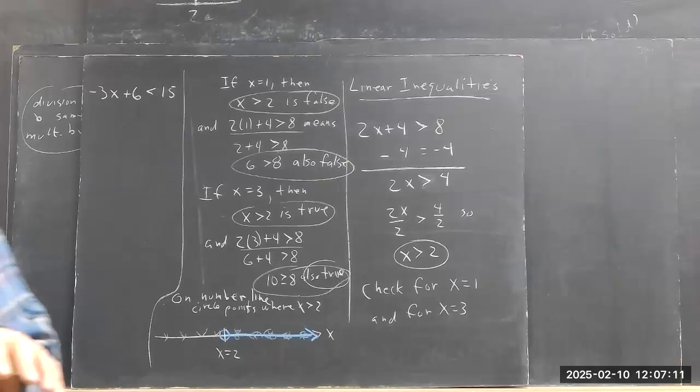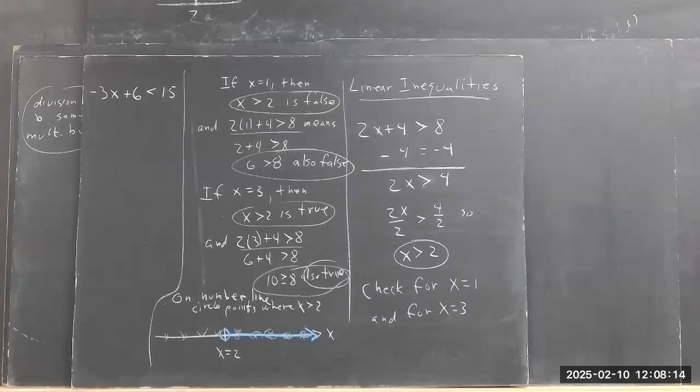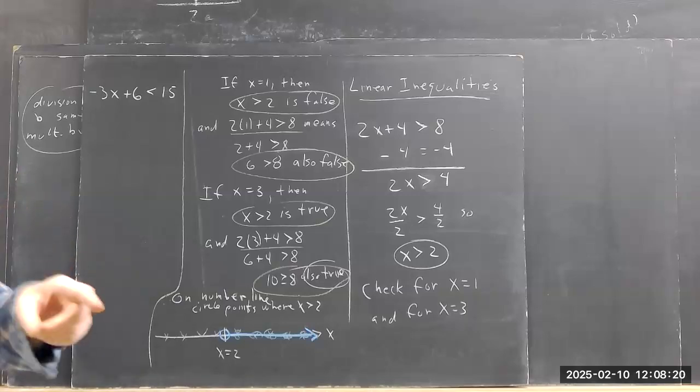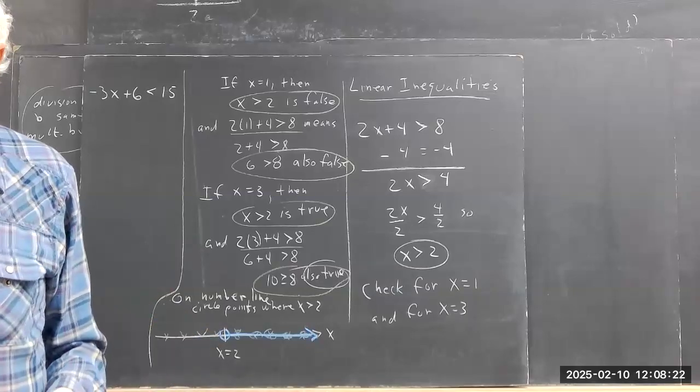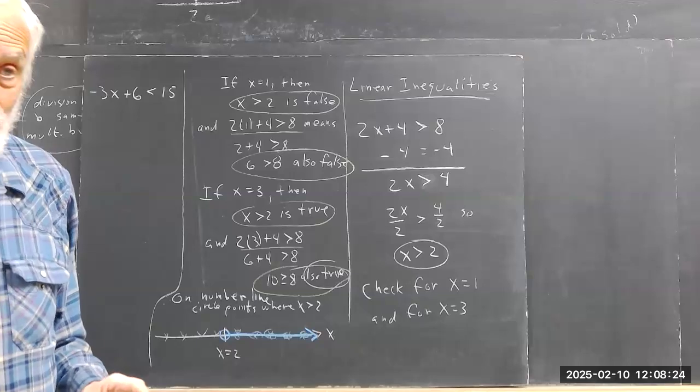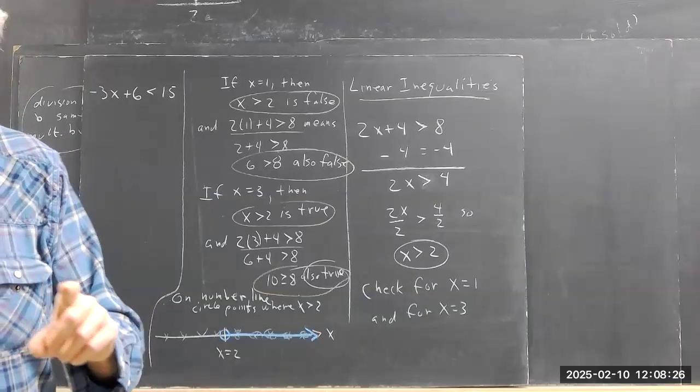Some people are still working on their paper, so I'm going to give you a little extra time here. Okay, everybody did a very good job on this. There is one rule that not everybody remembered, and that's real important.